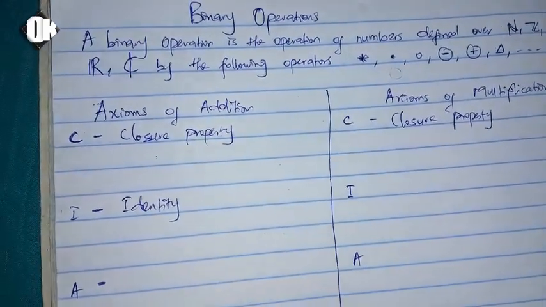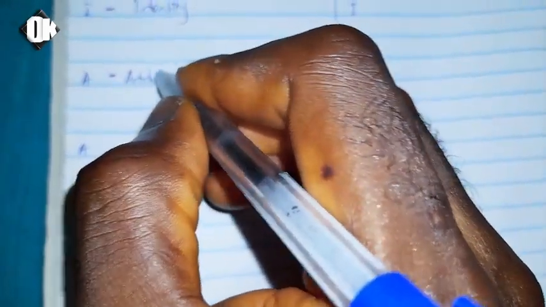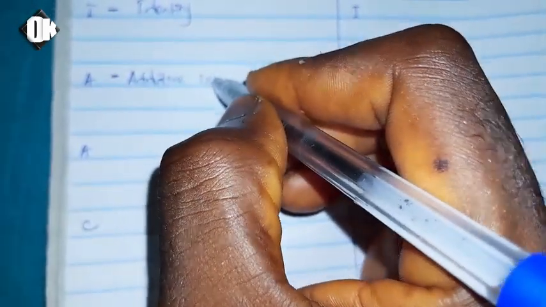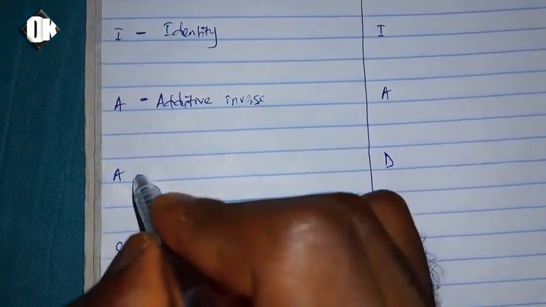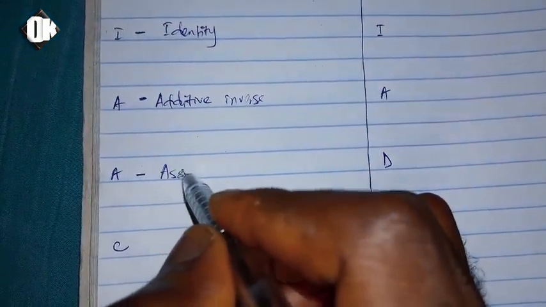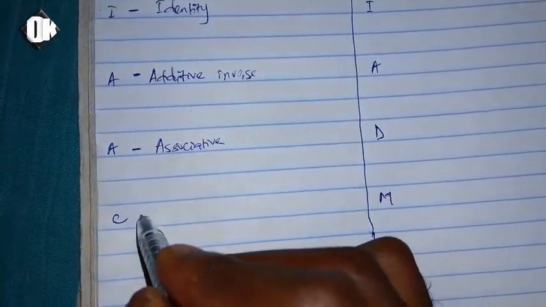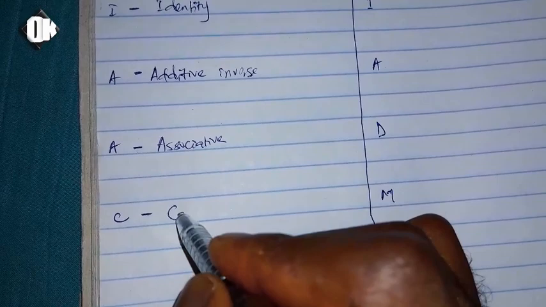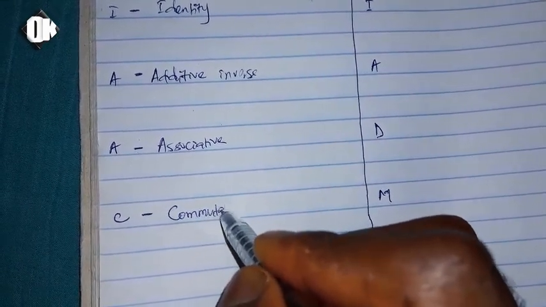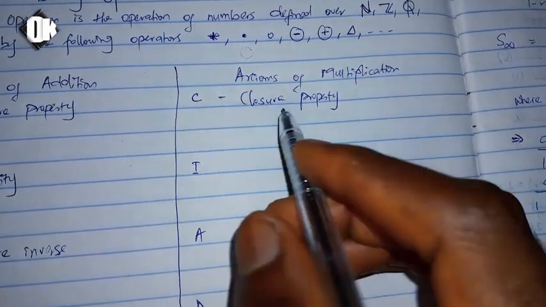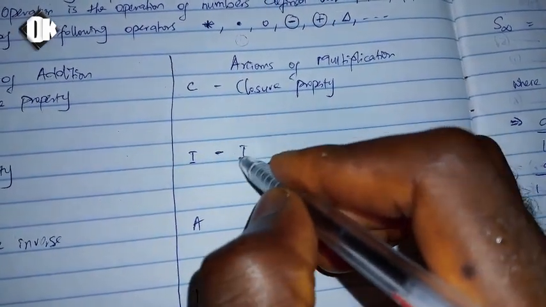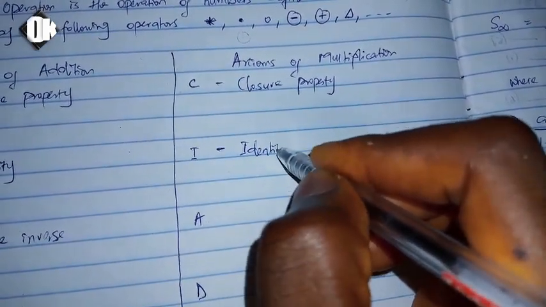Okay, let me label all this first. So then I have this as additive inverse. For this I have the associative property, and then for this I have commutative. Okay, so for multiplication, this is also my identity.